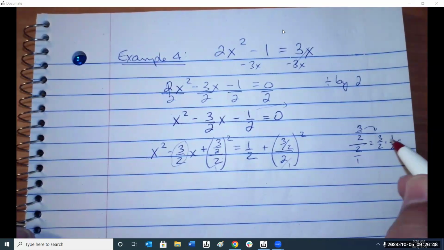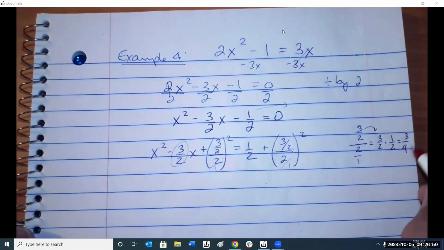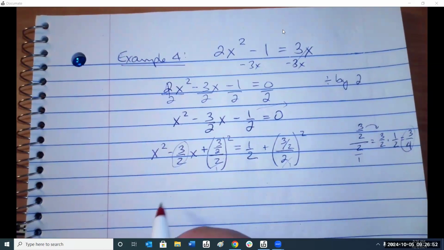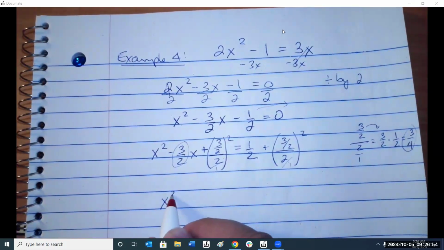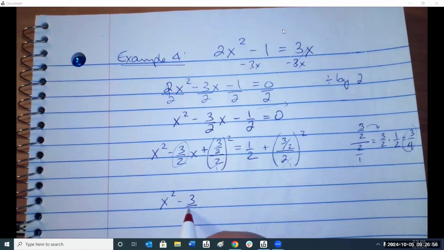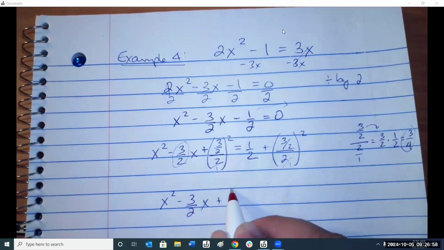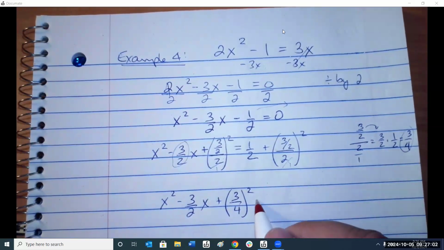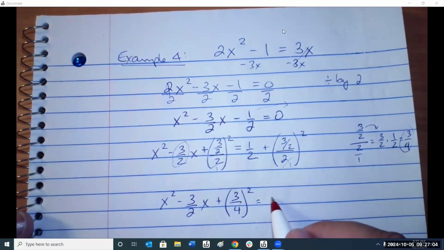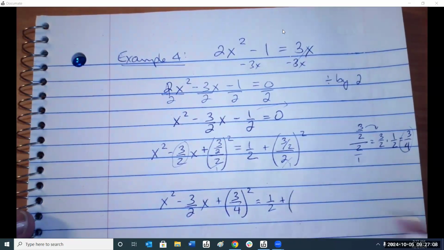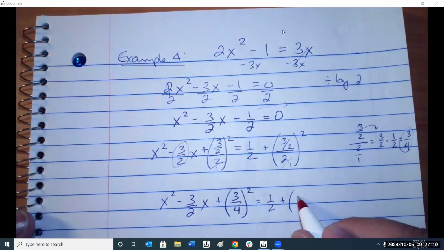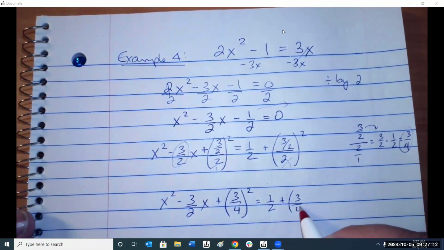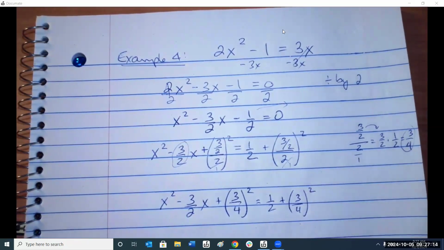So 3 times 1 is 3, 2 times 2 is 4. So it's 3 over 4 squared. 1/2 plus 3 over 4 squared.